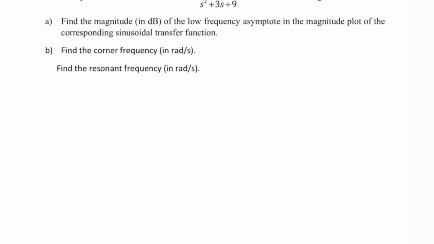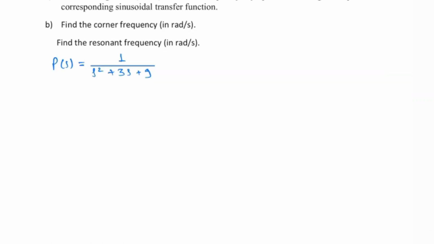So yeah, let's go through this. The transfer function given is P of s equals 1 over s square plus 3s plus 9.